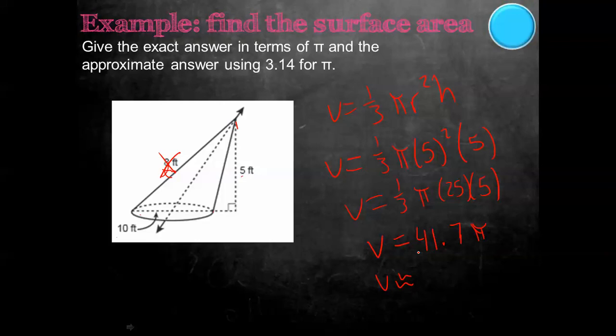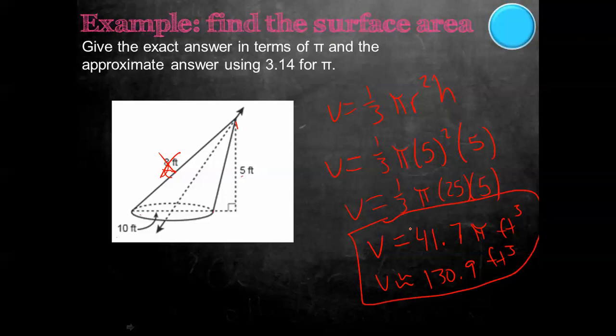And then we're going to take 41.7 and times it by 3.14, which is approximately 130.9 feet cubed. And that should also be feet cubed. So that's your exact and your approximate. And that is how you find the volume of a cone.